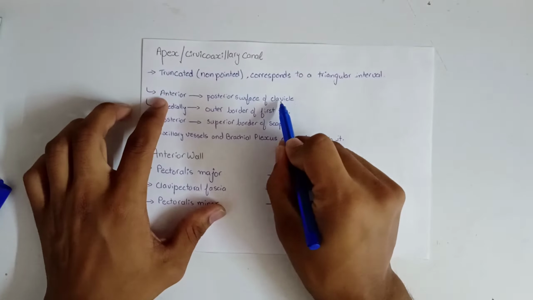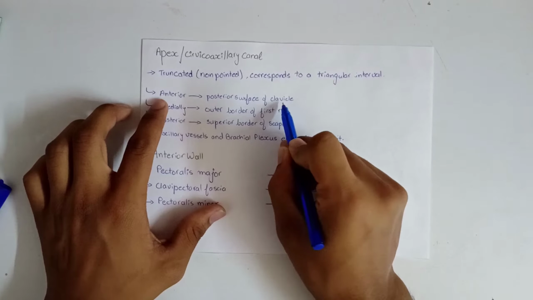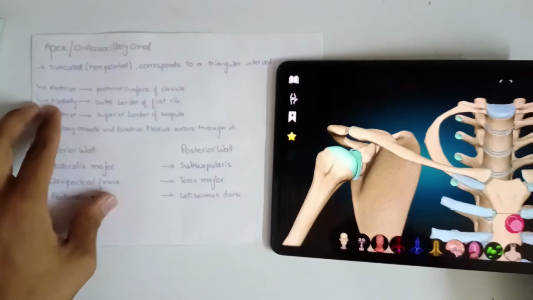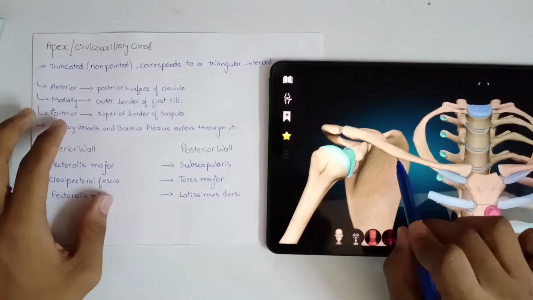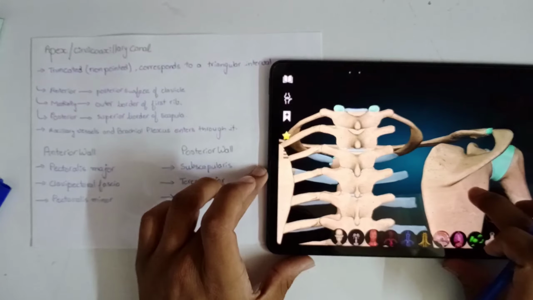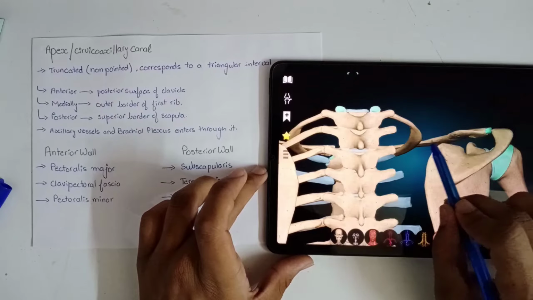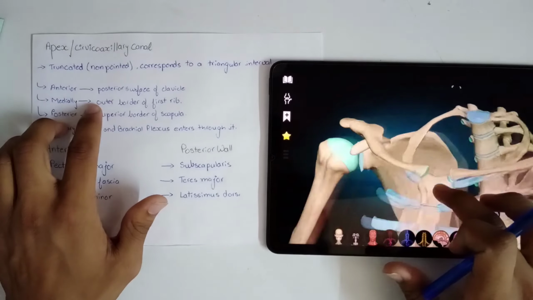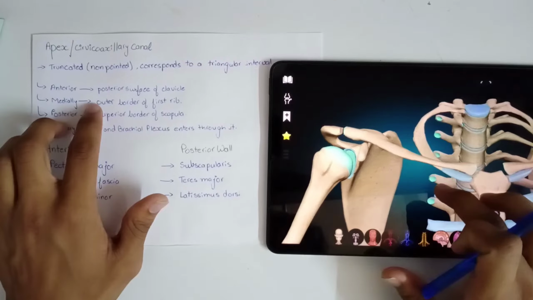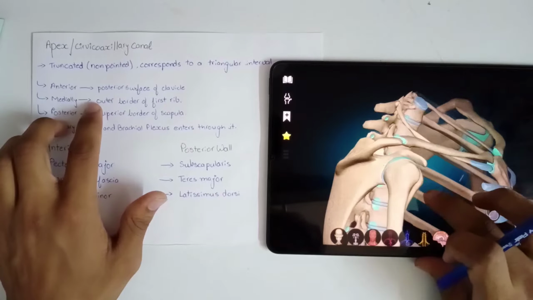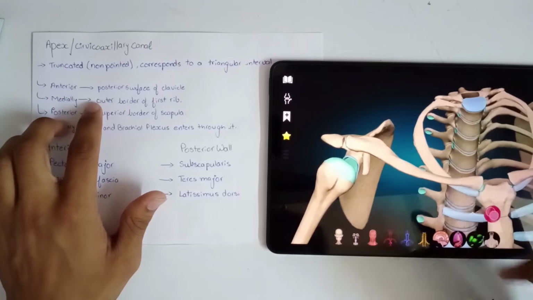Anteriorly, it is bounded by the posterior surface of the clavicle. This is our clavicle, the posterior surface seen from behind. Medially, by the outer border of the first rib. This is our first rib.